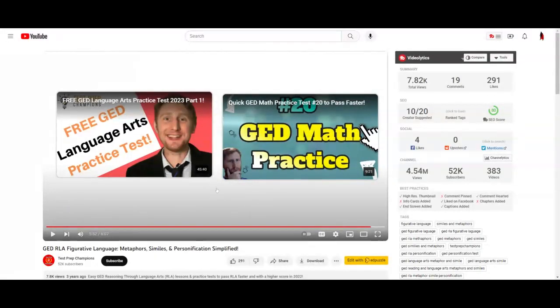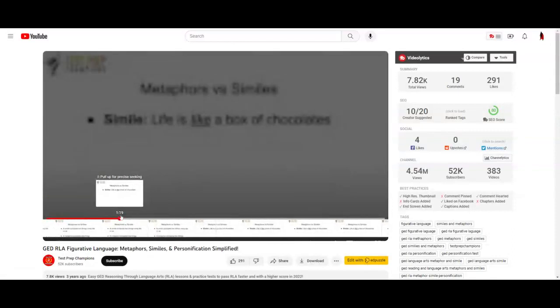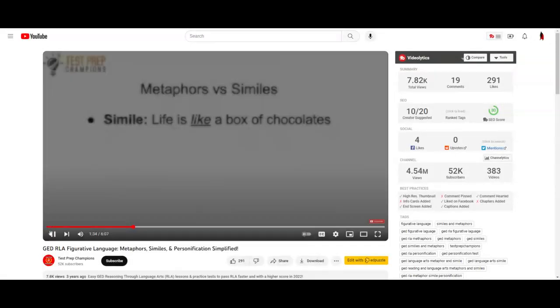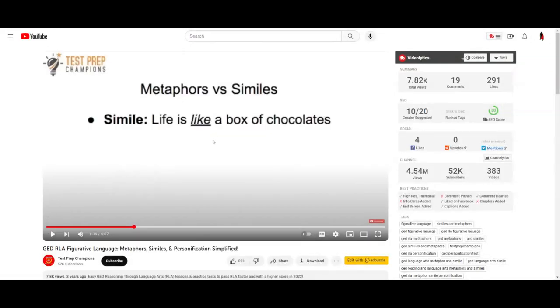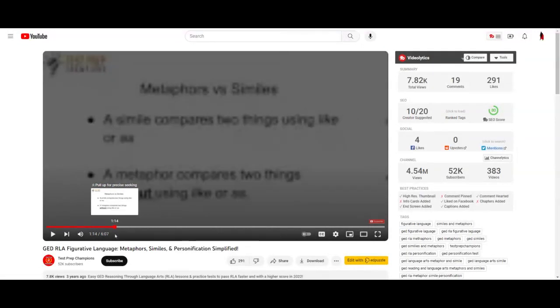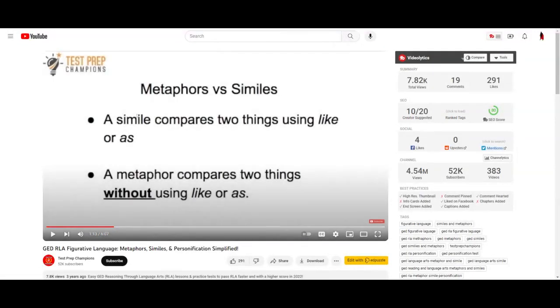All right, so important part here. A simile compares two things with the word like or as.